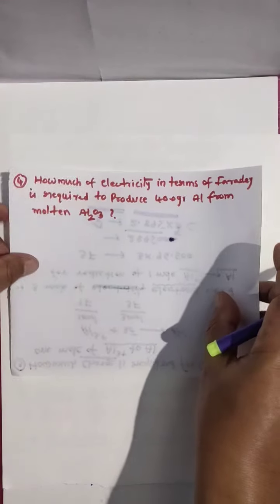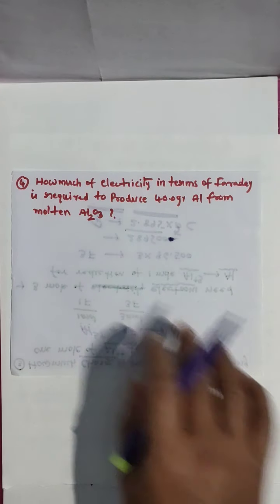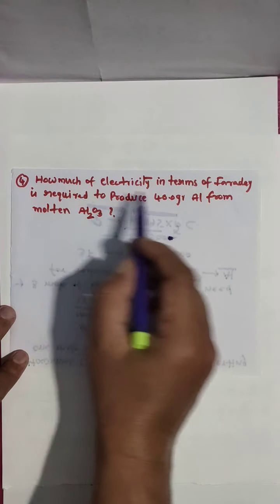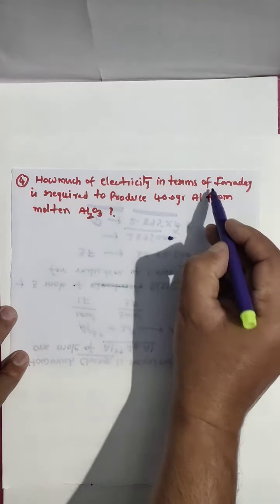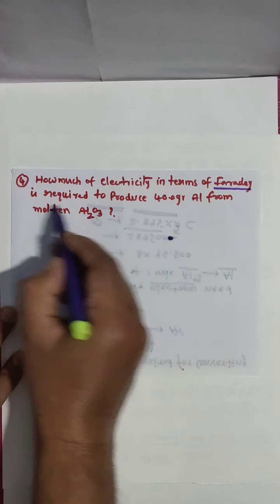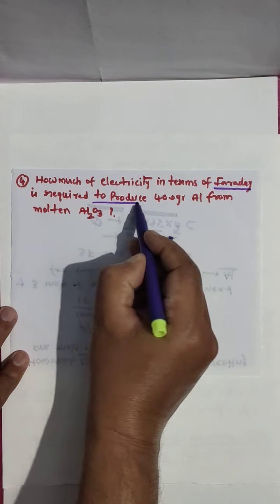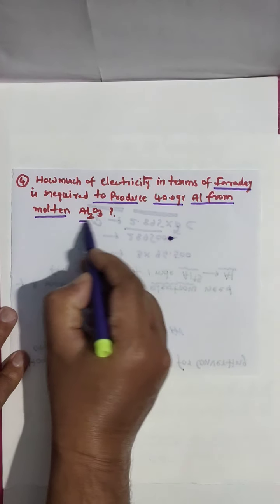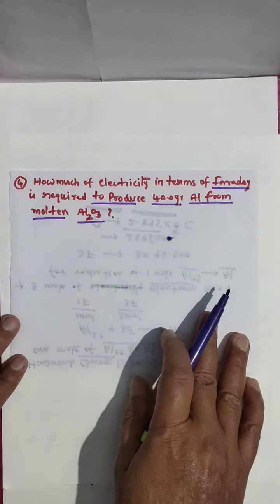Another problem we have here in NCERT, that is very important. This was previously asked for NEET. How much electricity in terms of Faraday is required to produce 40 grams of aluminum from molten Al2O3, alumina?